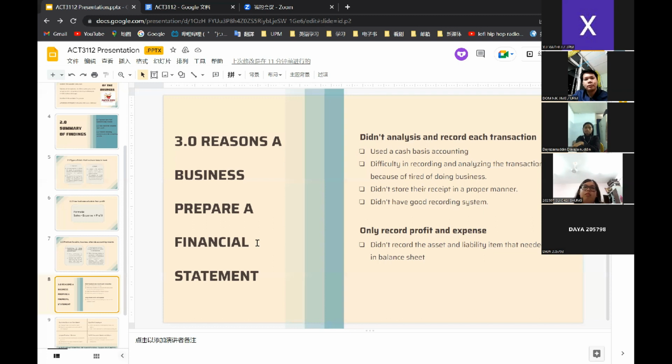In addition, this business only records the profit and the expenses, and other financial items such as assets and liabilities are not recorded. Therefore, this is one reason this business did not do the financial statement correctly. Then I will pass to the next presenter.